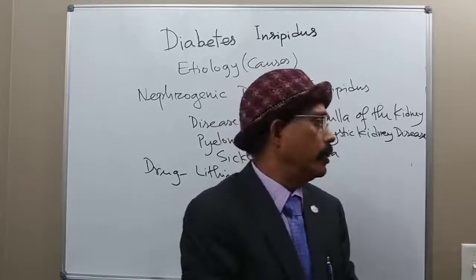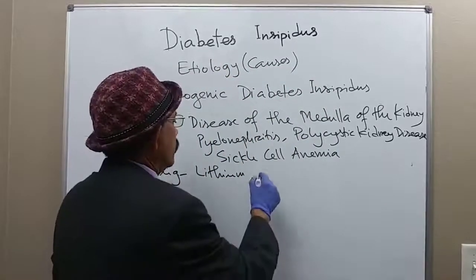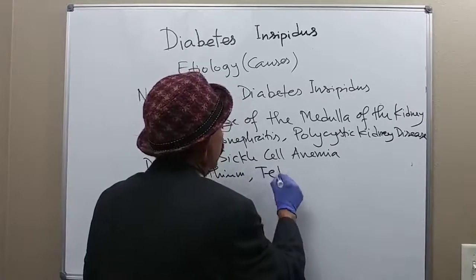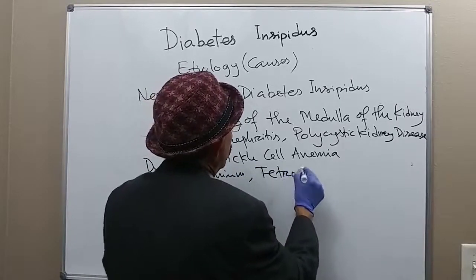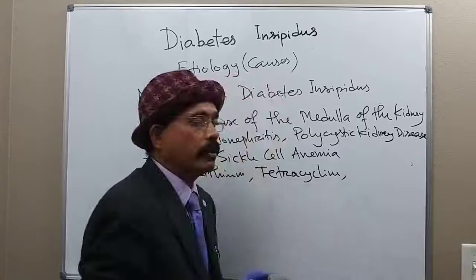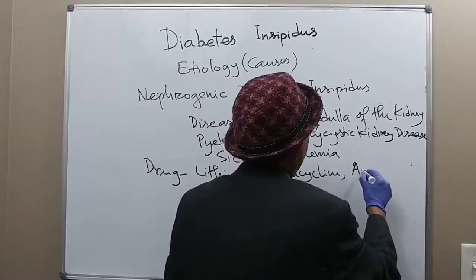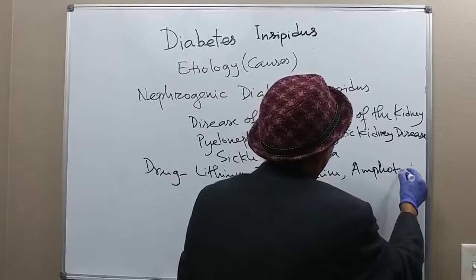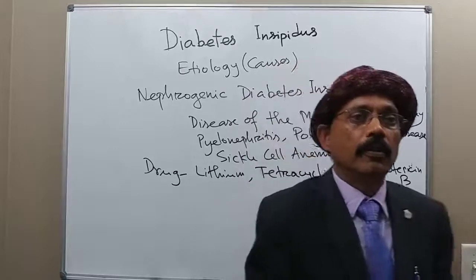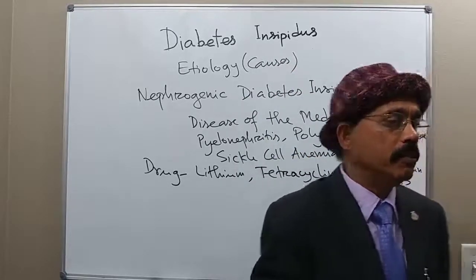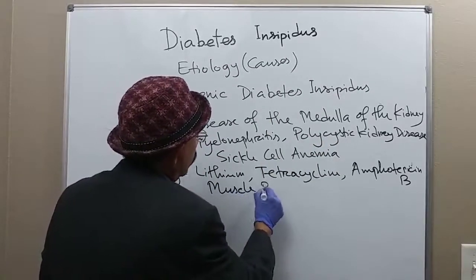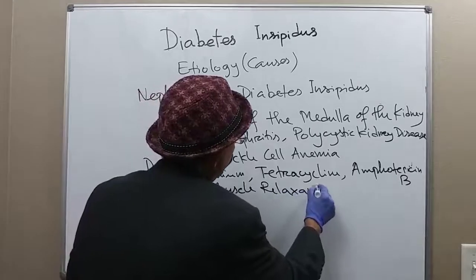Also tetracycline, an antibiotic, like demeclocycline. An antifungal drug, amphotericin B. And some types of muscle relaxants, especially those used in anesthesia.